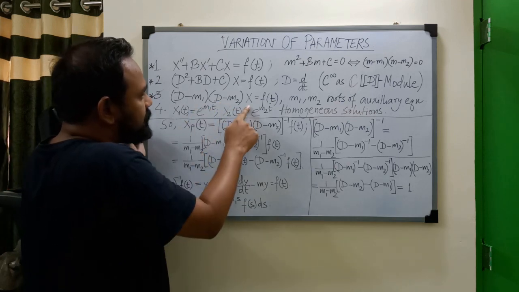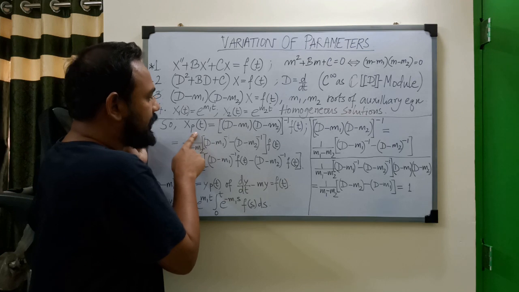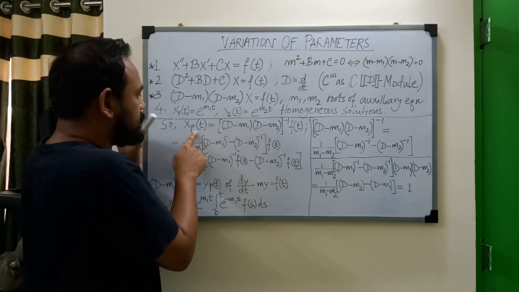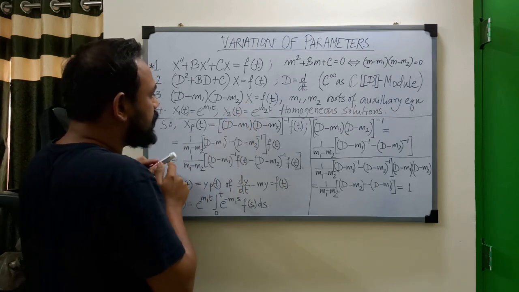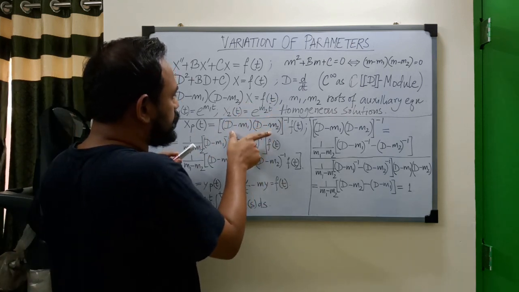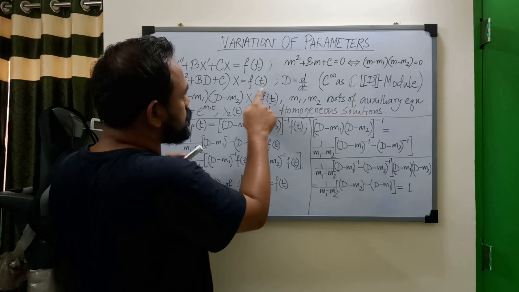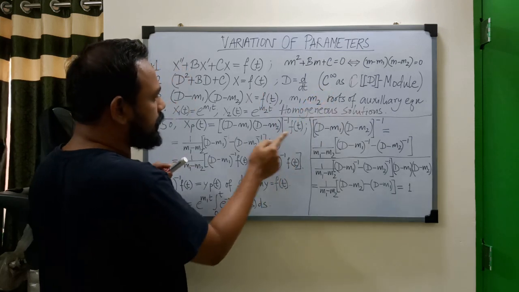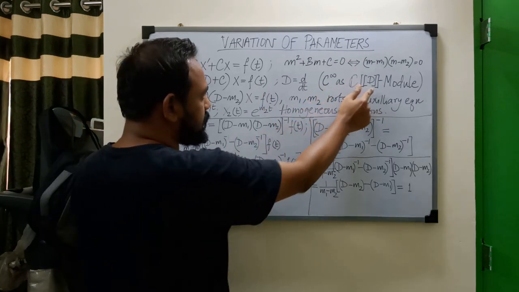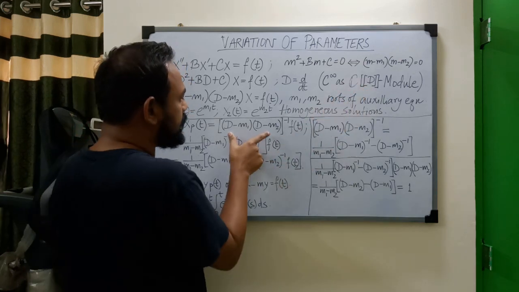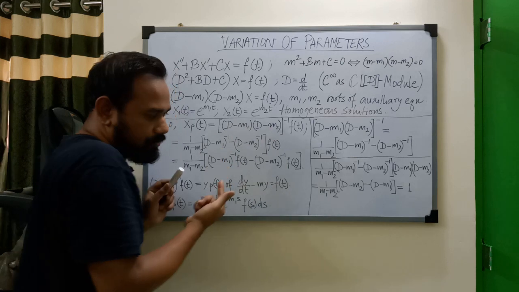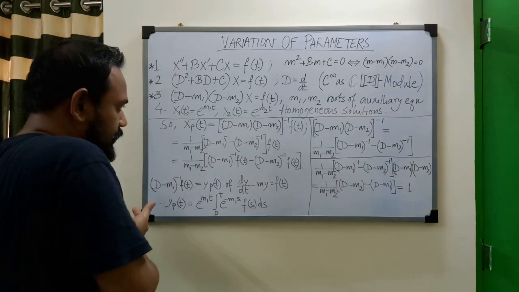That just leaves you with x, which we will call xp, because xp will be the particular solution. And the right-hand side, being an element of C infinity, will now get acted on by this element of the ring CD. This is the action we talked about in the last lectures.